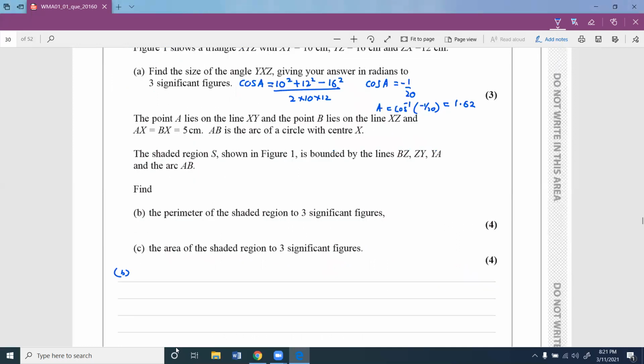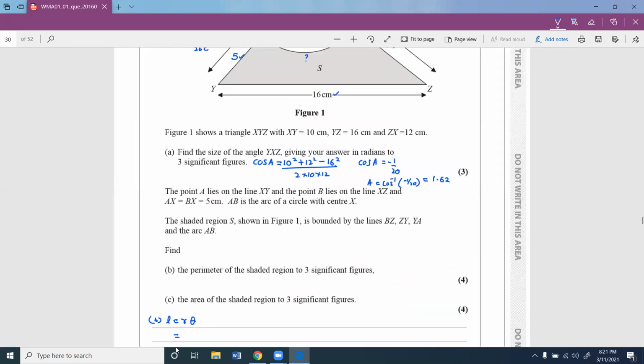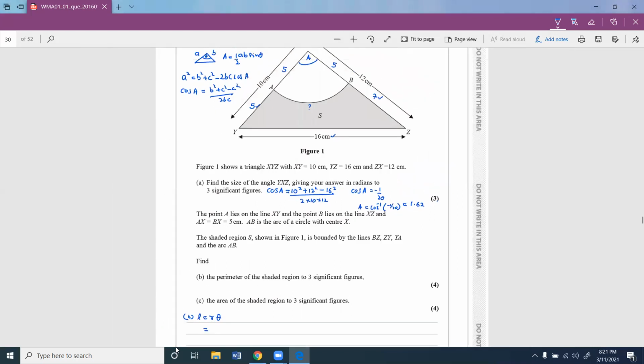That you can find with L equals r theta. In this arc sector the radius is 5, and we already found this angle theta, 1.62. With this, you can find the length. 5 into 1.62 comes to 8.1.